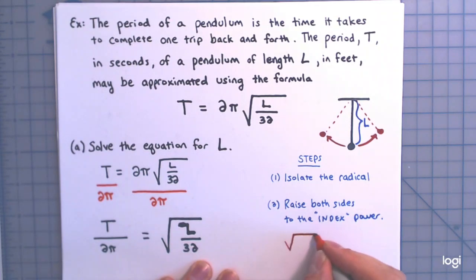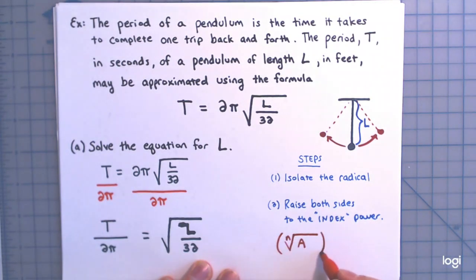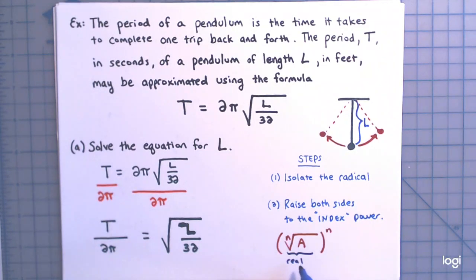If you take the nth root of a radicand, call it a, and raise it to the nth power, as long as this is a real number, so if it's an even root, we want a non-negative radicand in order for it to be a real number, hopefully you recall all that.